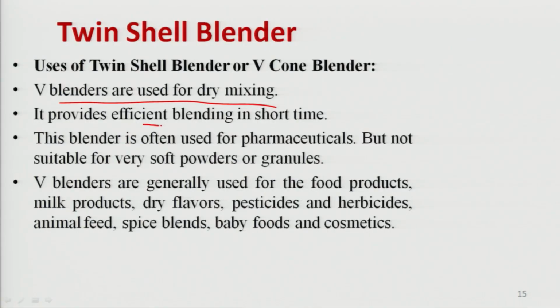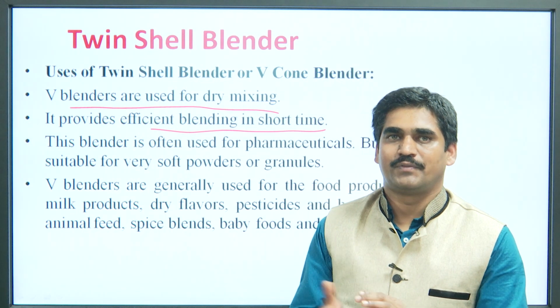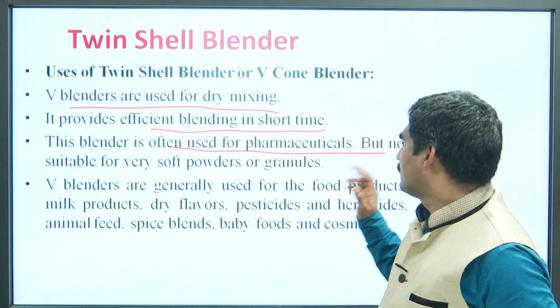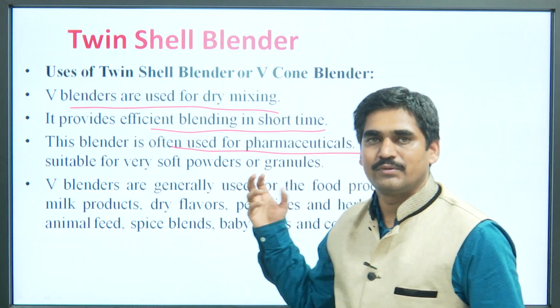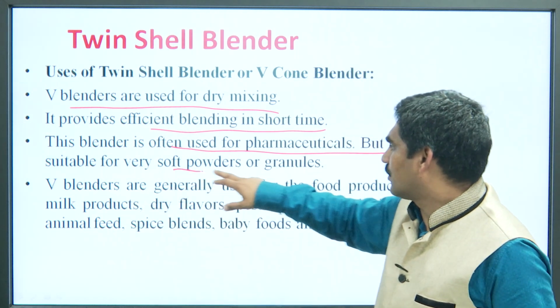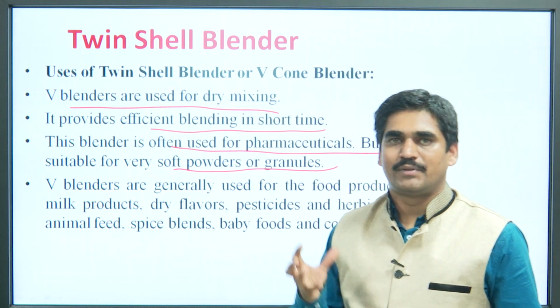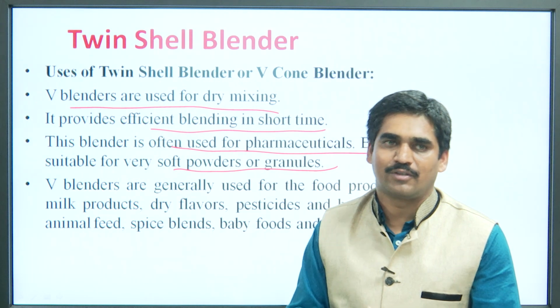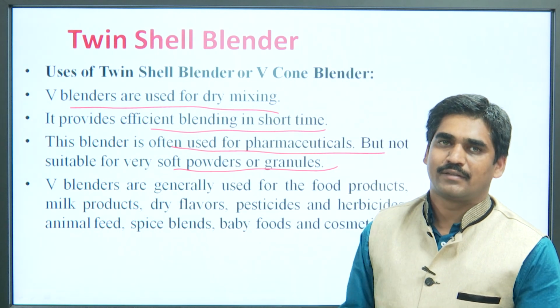It provides efficient blending in a short span of time, that is 5 to 15 minutes. This blender is used for pharmaceuticals, but is not suitable for very soft powders or granules. If the powders are wet or soft in nature or granules are not properly dried, then this blender cannot be used.